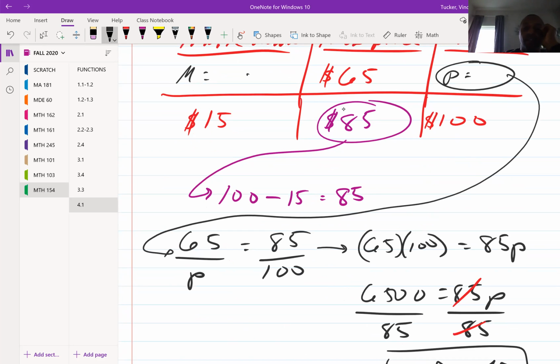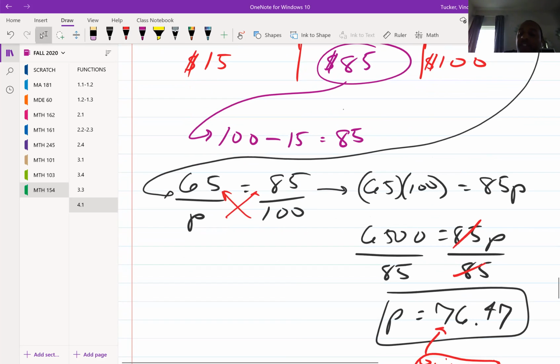So I will write 85 over 100 is equal to 65 over P. Once you have that set up, you can cross multiply, 65 times 100, 85 times P, divide by 85, and we have $76.47.